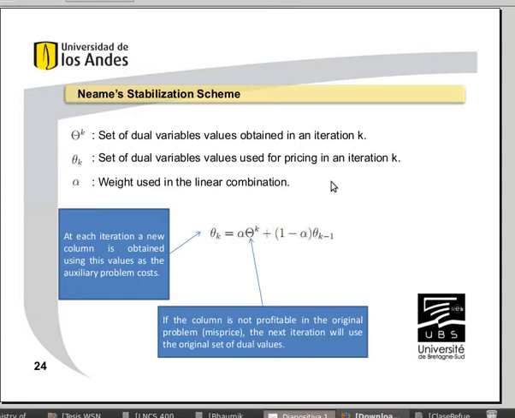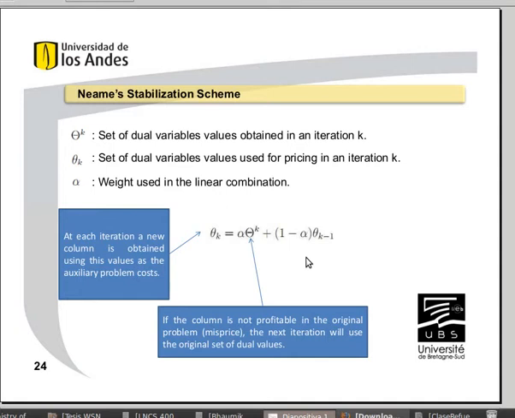Another method, and the simplest one, that uses the dual values to accelerate the convergence is the one proposed by Wentges. In this method, Wentges proposed to use a linear combination of the newly obtained duals and those obtained in the previous iterations to obtain new columns at each iteration of the column generation algorithm.